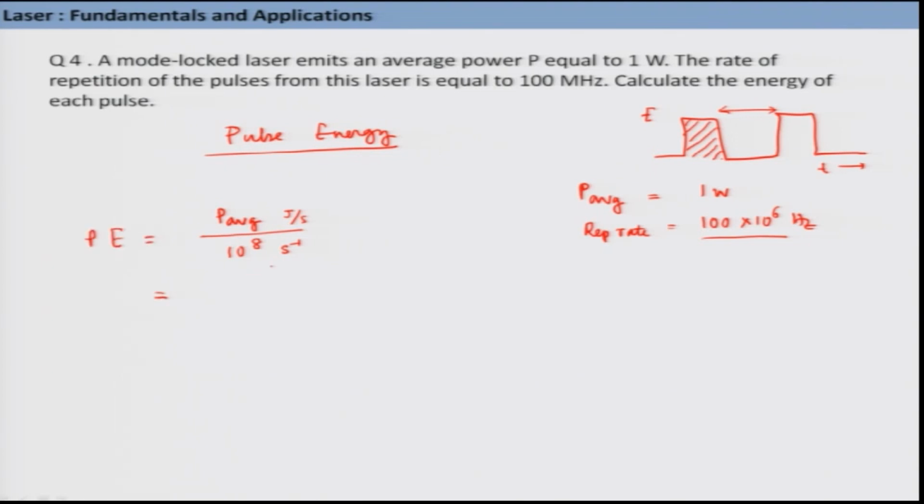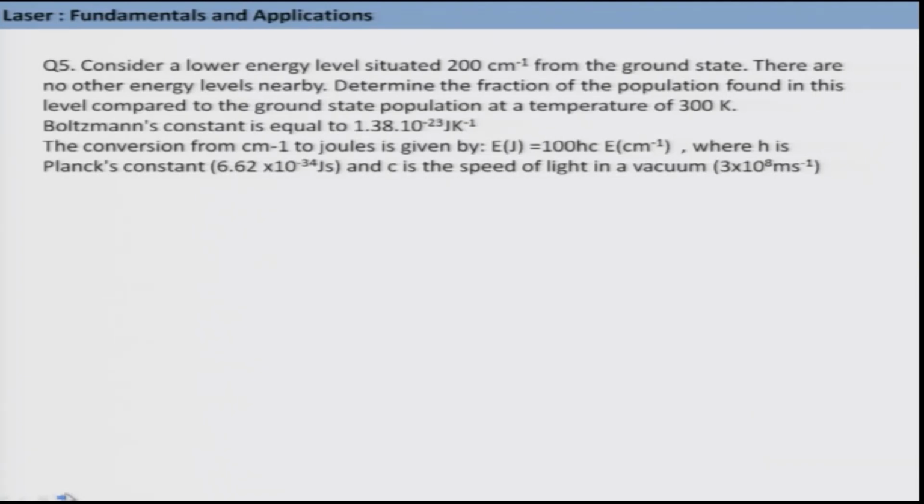This will be 1 by 10 to the power 8 joule, which equals essentially 10 nanojoule, because 10 to the power minus 8 is essentially 10 into 10 to the power minus 9. Most of the time it is written as 10 nanojoule per pulse. Whenever you see this, you will know that this is pulse energy that we are talking about. Okay, let us move on to the next problem.